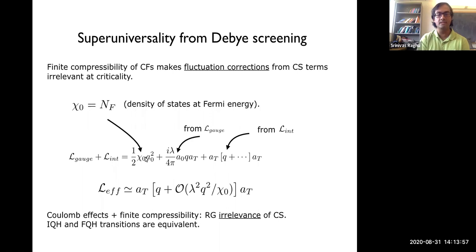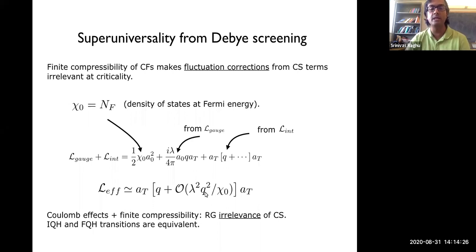Okay, that's the compressibility. In addition, there are Chern-Simons terms coming from L gauge, which are cross terms in the temporal component and the transverse component. Q is momentum. And there are interaction terms like 1/r interactions, which are purely in the transverse channel. Since the temporal piece is gapped out effectively by the compressibility, you can integrate it out and you see that all fluctuational contributions from the Chern-Simons terms are irrelevant.